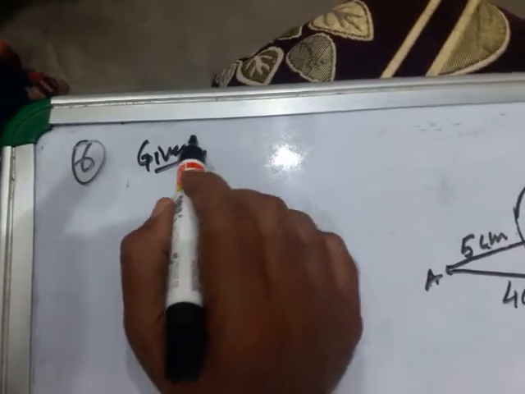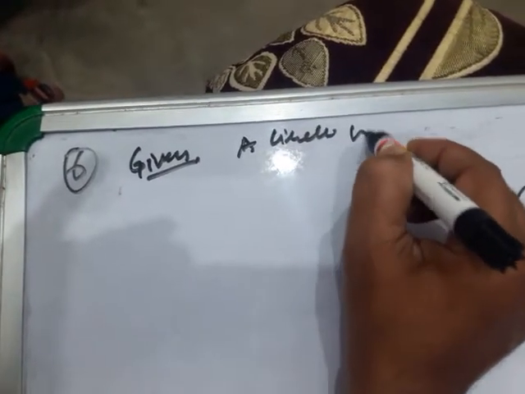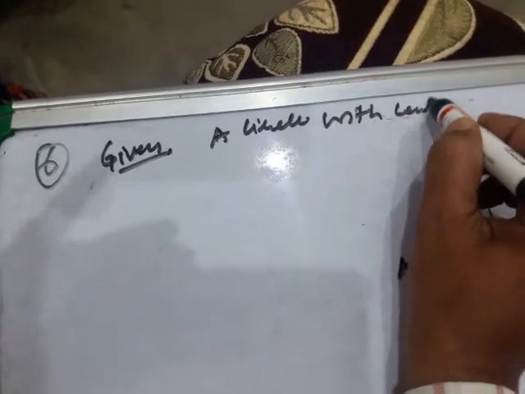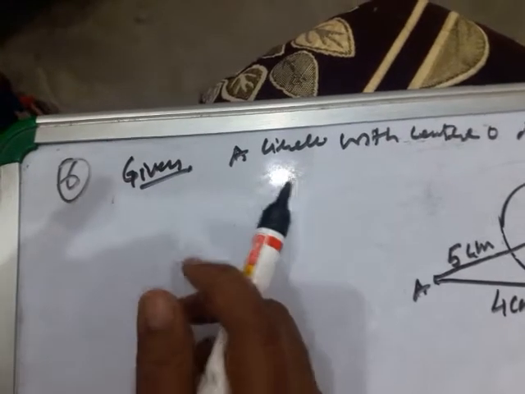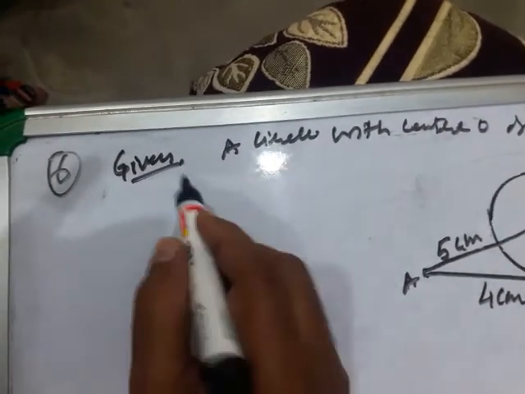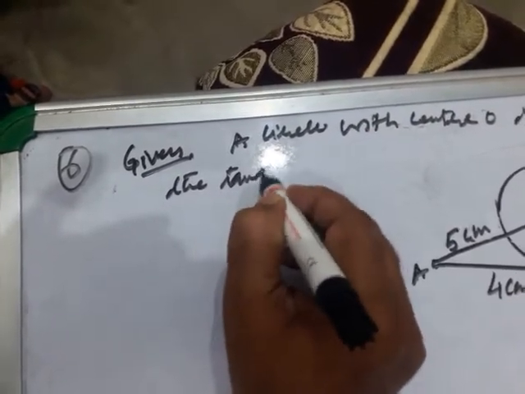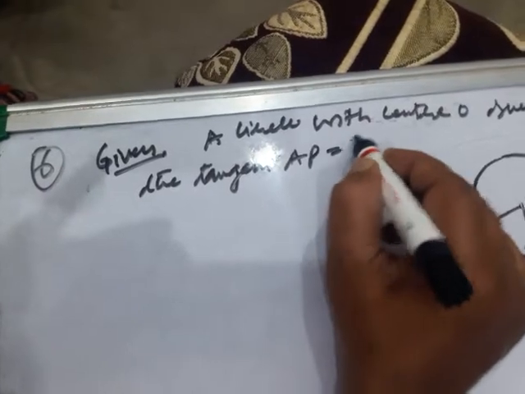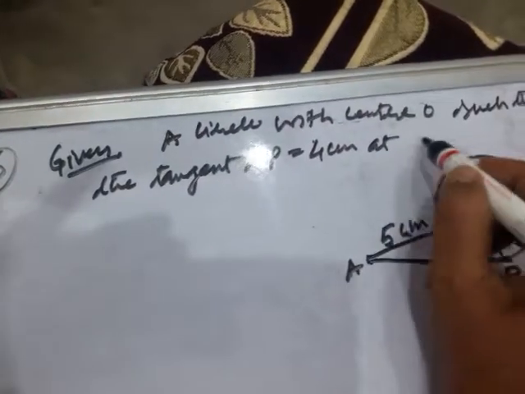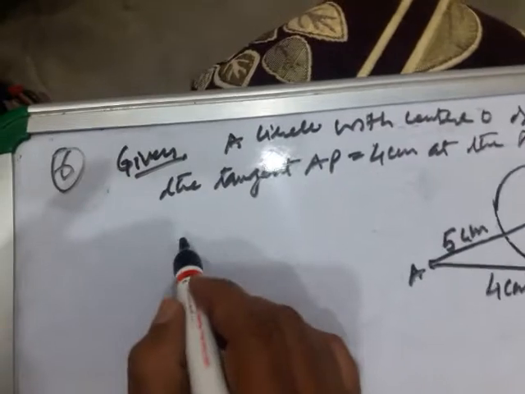Given a circle with center O, such that the tangent AP equal to 4 centimeter at the point P. What else?